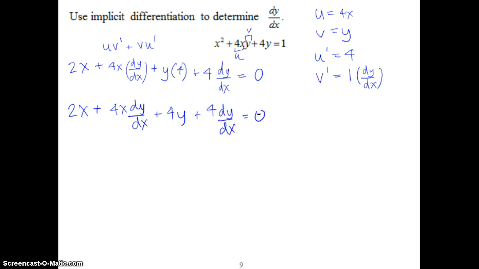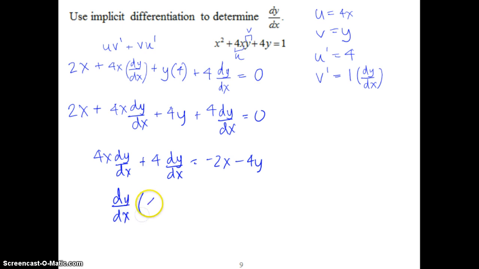So let's get everything without dy dx on the other side. We'll have 4x dy dx plus 4 dy dx is equal to negative 2x minus 4y. And now do you see we can factor dy dx out? If we factor dy dx out, we're left with 4x plus 4 inside the parentheses.